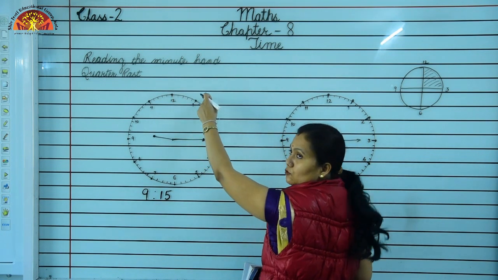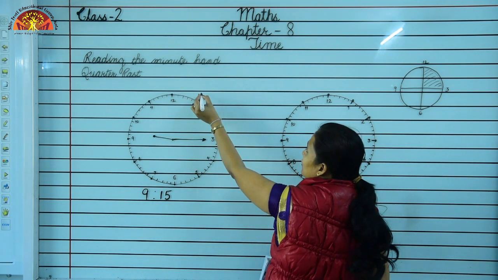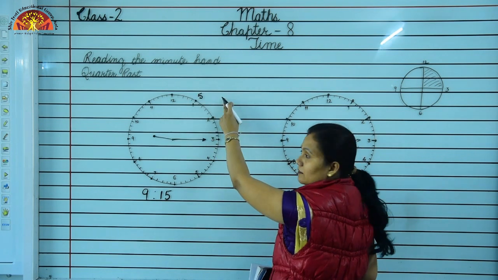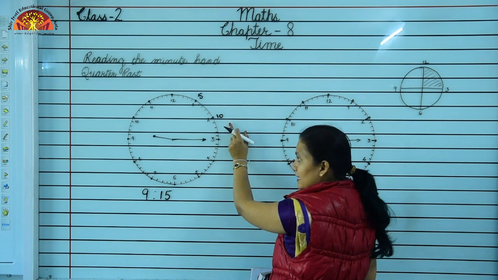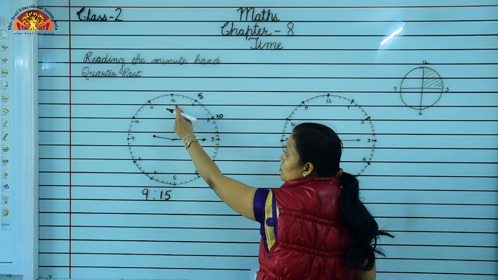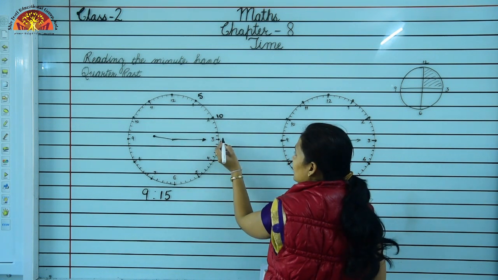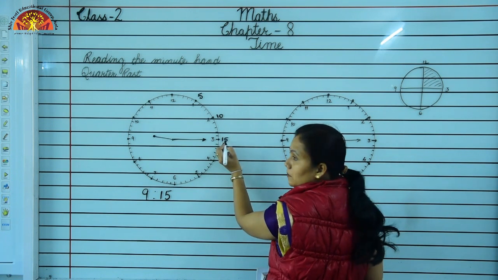From 12 to 1 it is 5 minutes, from 12 to 2 it is 10 minutes, and from 12 to 3 it is 15 minutes.